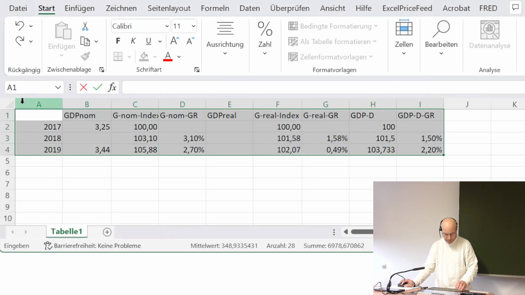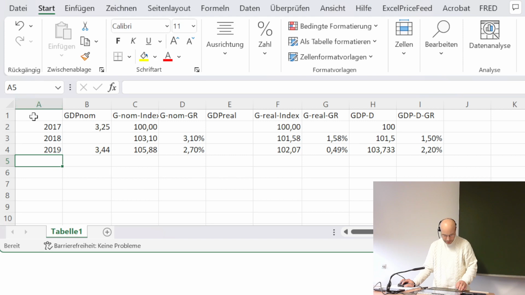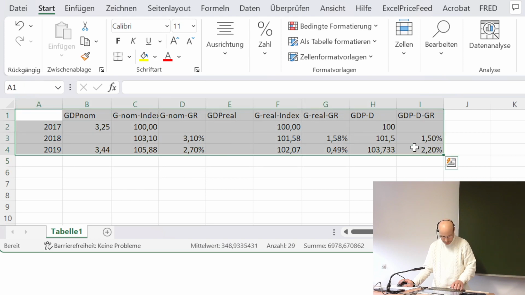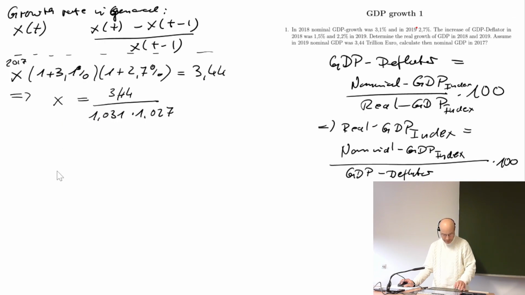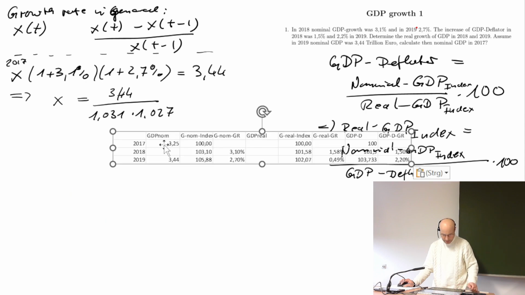No, it's not working. Then, so, and copy. No, and paste.